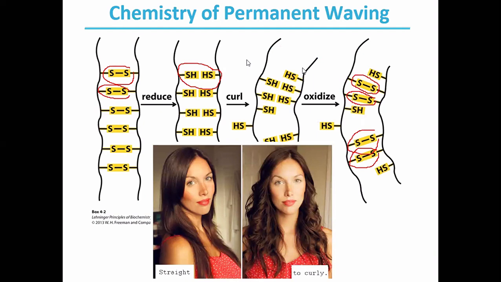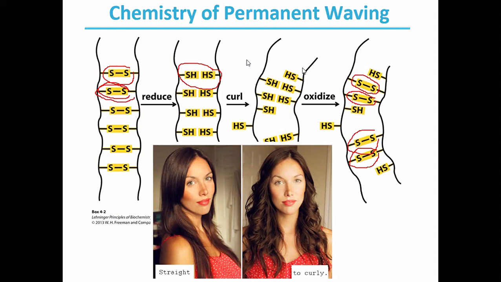That's the reason why when you walk through a hair salon, you smell something very unpleasant. Bau busuk, I don't like the smell. Whenever you walk through a hair salon, you can smell that. That's the chemical they use to reduce the disulfide bond. We call it a reducing agent, and the smell is pretty bad.